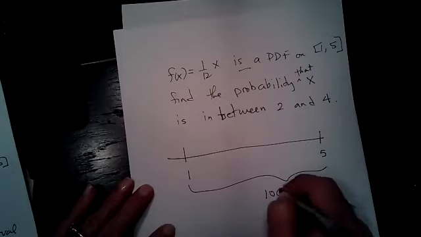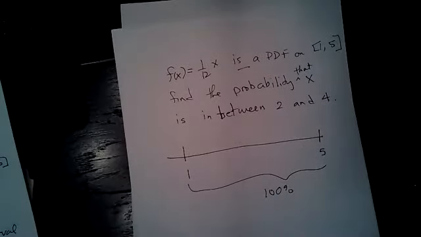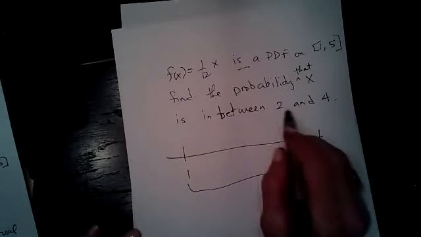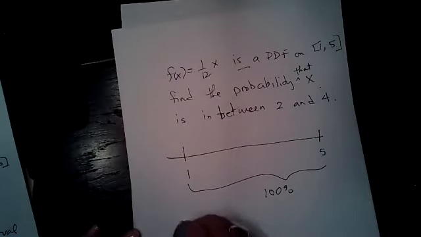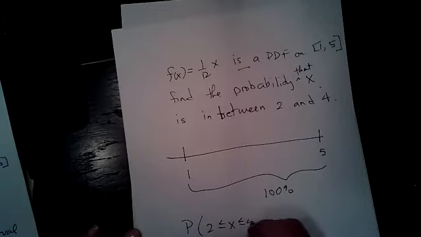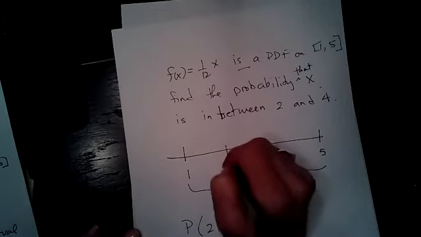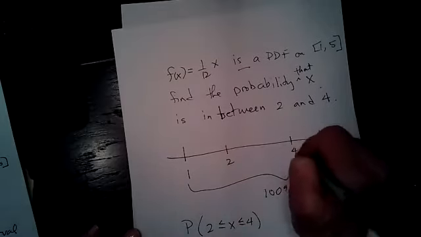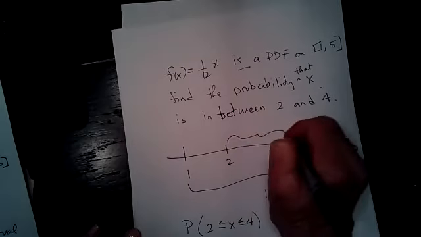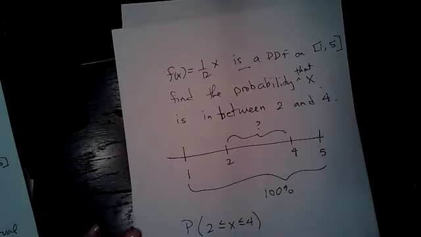There's 100% probability X is in that interval. So now we want to find the probability that X is in between 2 and 4, which is just a subinterval of that. Okay, we're looking for that probability.